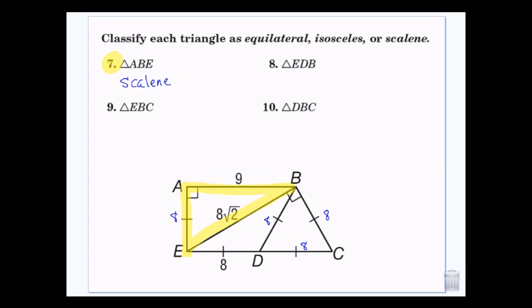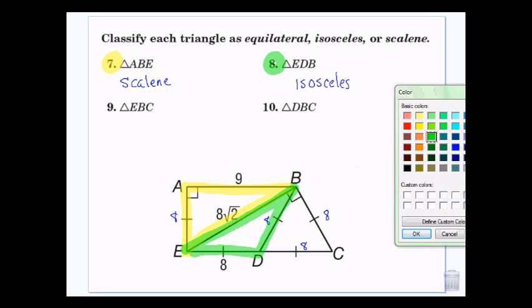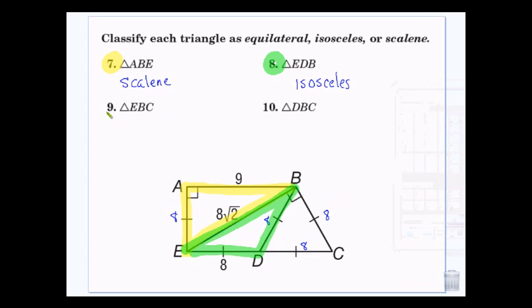If we look at triangle EDB, that's E and B and D. I have an 8 and another 8, so it's isosceles. We'll go with pink.